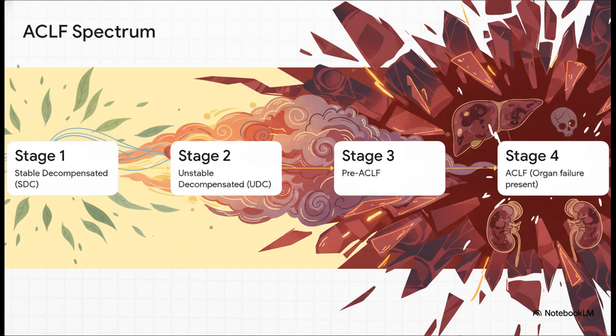It starts at stage 1, stable decompensated. It can progress to stage 2, unstable decompensated, then to stage 3, pre-ACLF, and finally stage 4, ACLF, which is strictly defined by the presence of organ failure. Let me be clear, reaching stage 4 carries the absolute highest mortality risk on this entire algorithm. You do not want your patient reaching stage 4.